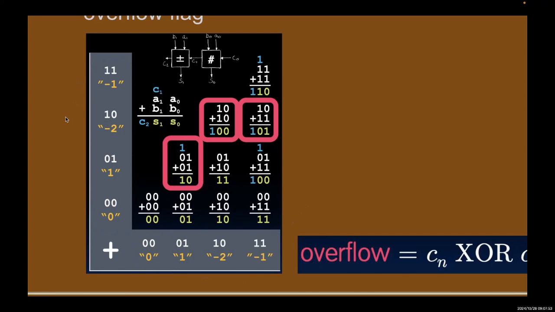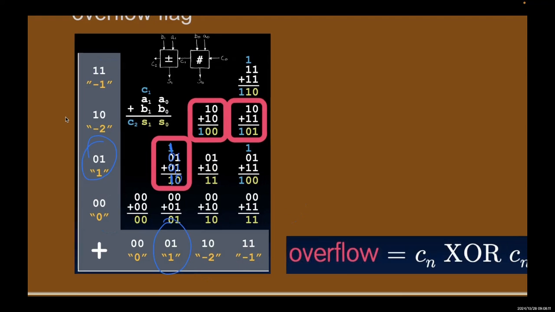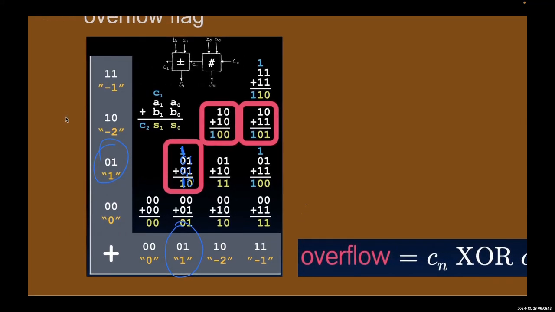And here we add 1. 1 plus 0 is 1, 1 plus 1 is 2. Actually 0, 1 plus 0, 1 gives 1, 0 here. 1 plus 1 should be 2, but here we get 1, 0, which is -2.